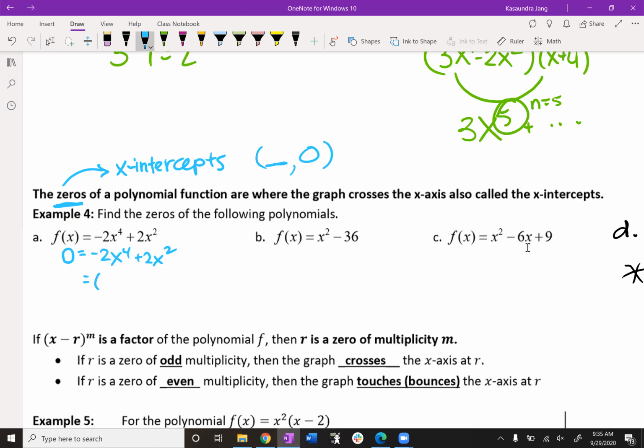I'm going to factor out my GCF, my greatest common factor, which looks like a 2x squared. And then I'm still left with a negative x squared plus 1. All right, and this is all equal to 0. So I'm going to set each of my factors equal to 0. I'm going to do the 2x squared equals 0, and the negative x squared plus 1 equals 0.